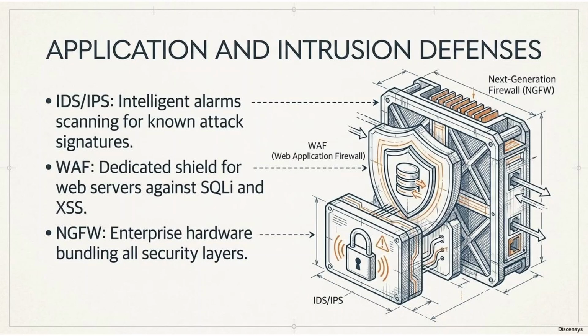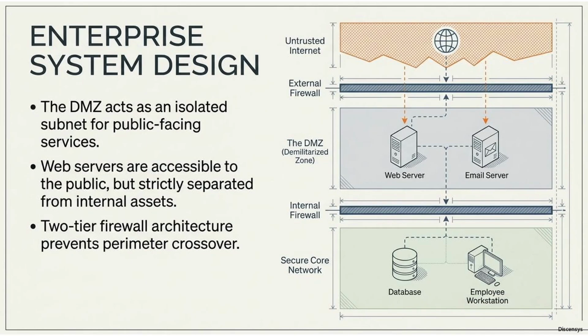Now, let's try to understand with the building layout, right? See, you can also try to find in the image that the security core network acts as a base layer, and then the internal firewall, and then the DMZ, that is demilitarized zone, and then the external firewall, and then the untrusted internet.